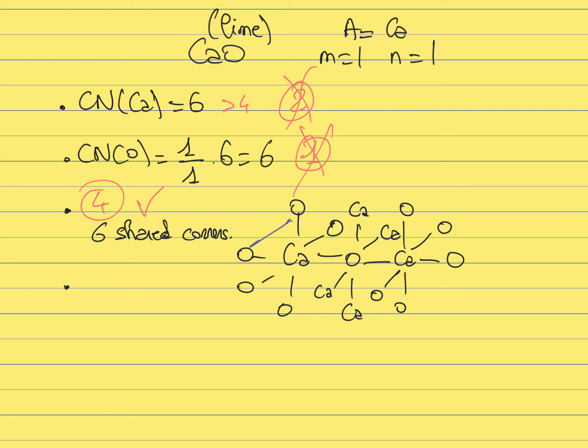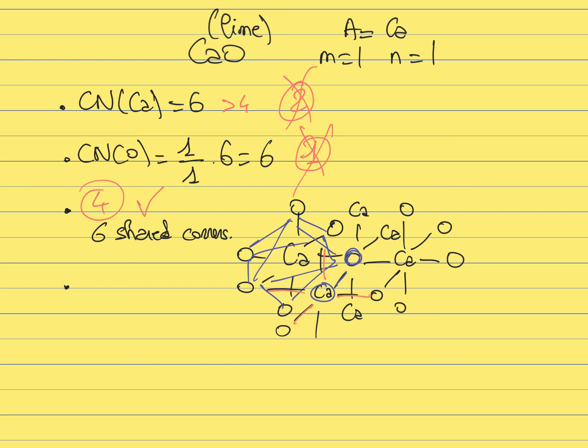Here you have one octahedron, the octahedron around this calcium, and now you have this oxygen here that is going to be shared with another polyhedron. So this calcium here is going to form its own polyhedron, with one oxygen at the top, one oxygen at the bottom, one oxygen on the right, one oxygen on the left. So this thing is going to form its own polyhedron around it.